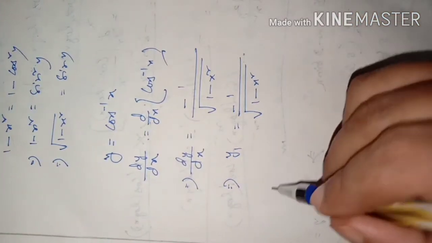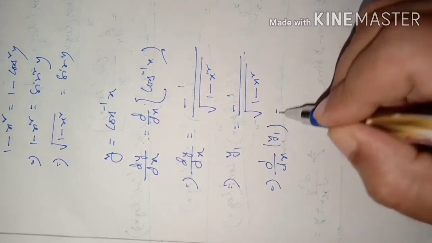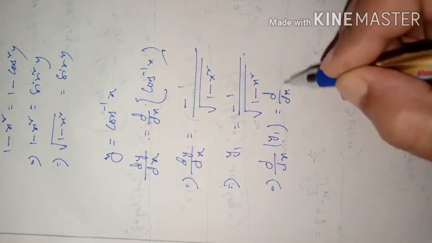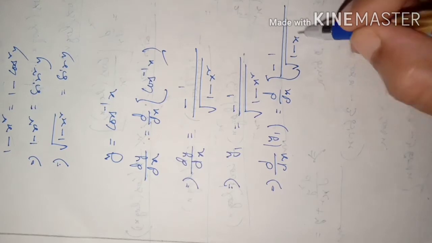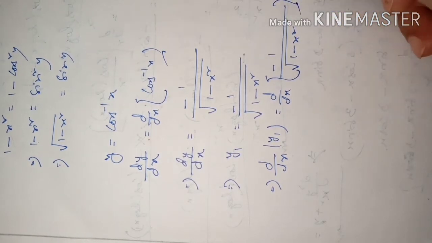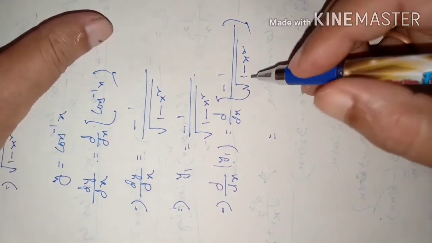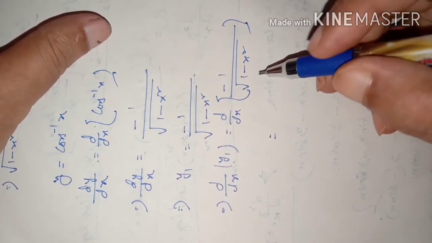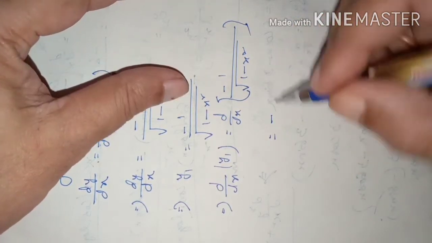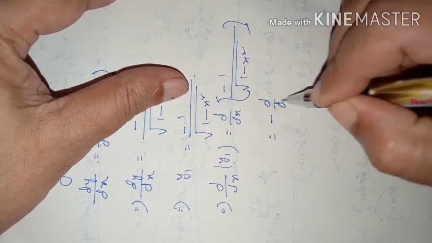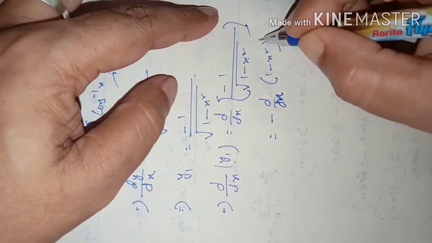Now again if we take its derivative, d/dx of y1, it will be equal to d/dx of minus 1 by under root 1 minus x square. This can be treated as minus d/dx of 1 minus x square to the power of minus half.